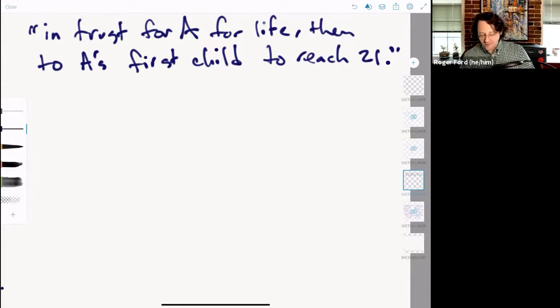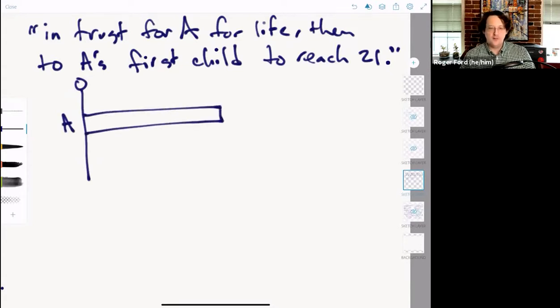The punchline first is yes, because at the time of the conveyance, at time 0, we know A is alive, right? And so when A dies, then the question will be which child of A will be the first to reach 21.